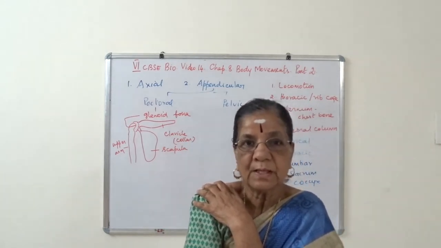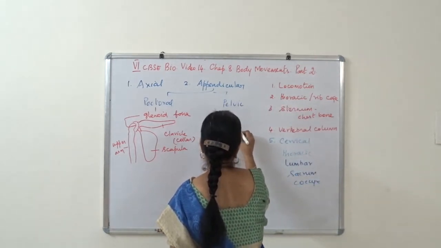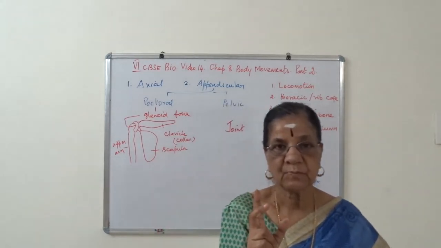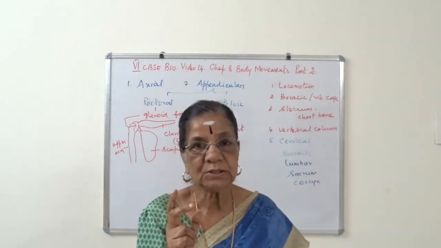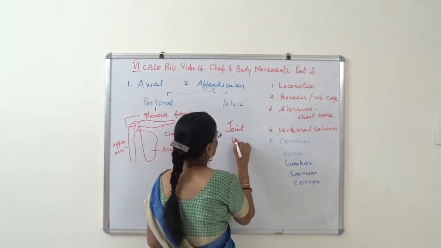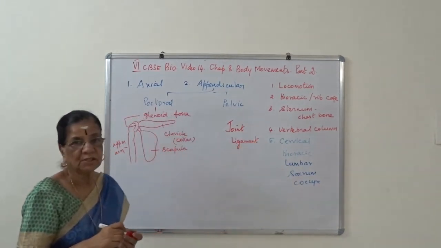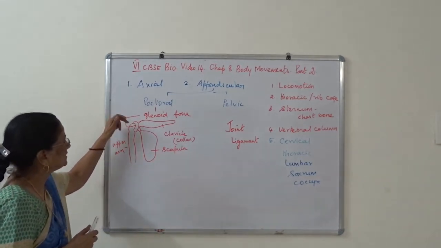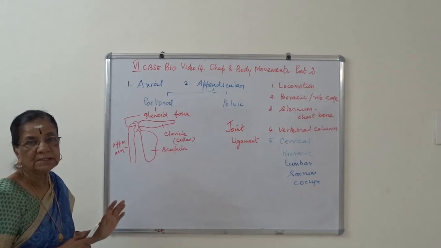I hope you follow. Then we come across another term called the joint. A joint is the place where two bones meet. And these two bones are joined to each other with the help of ligaments. So the bone of the upper arm fits into this glenoid fossa, forming a joint.